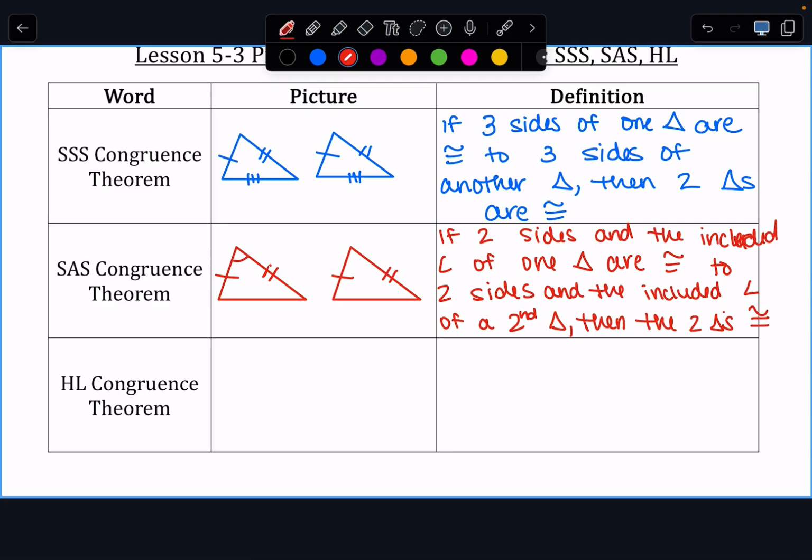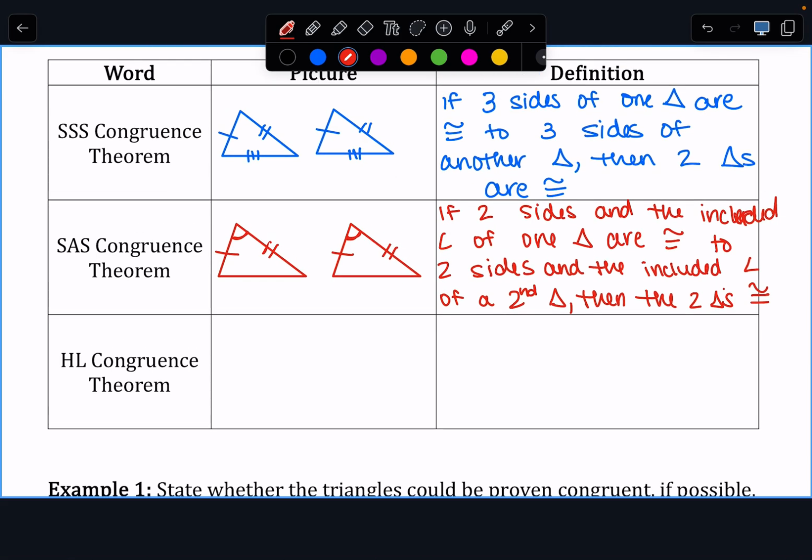The one that both sides create. The angle has to be in between the 2 sides because there are no bad words in math. There is no SSA shortcut. I spelled it backwards. I can't spell it the other way.